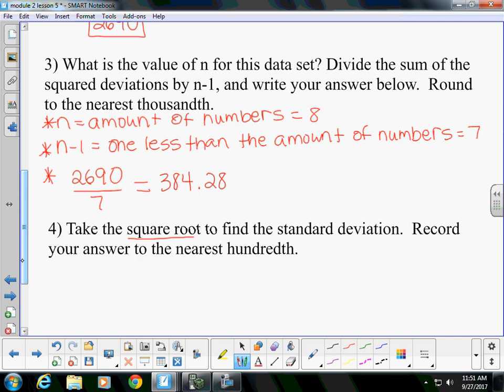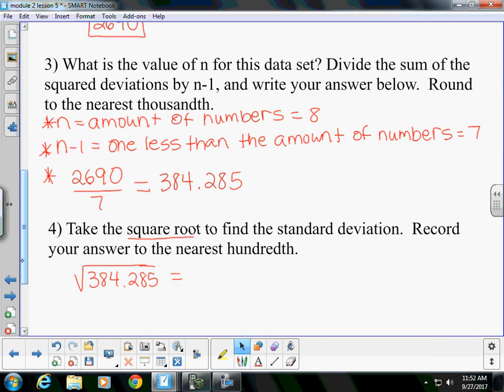Okay, I'm going to go ahead and take this one. It said thousandth up here, so that meant that I wanted to take that out 3 decimal places. Okay, so square root means I'm going to take the square root of 384.285.